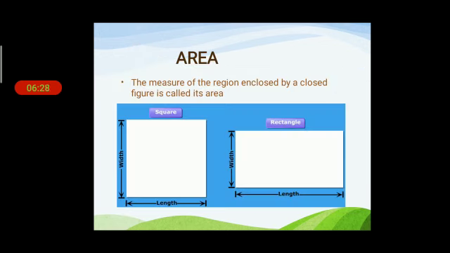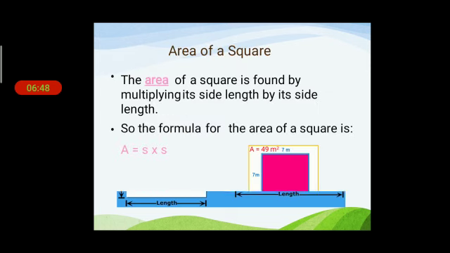What is the area? The area of the region enclosed by a closed figure is called its area. As you can see, a square and a rectangle here. The length and width of a square are equal and the length and width of a rectangle are different.